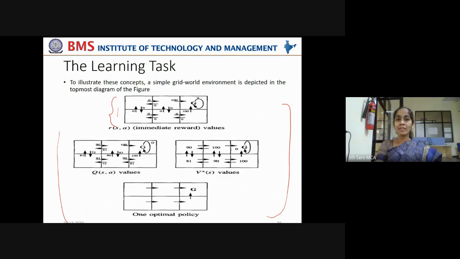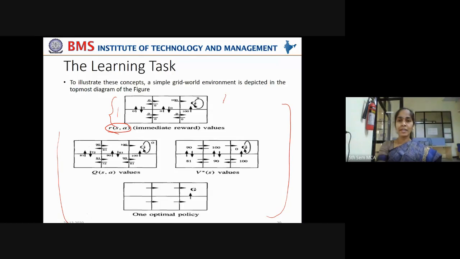This entire box explains the various states of the agent. R of SA indicates the reward given to the agent when it moves from a state S by taking an action A. Got it, students? Is it clear?